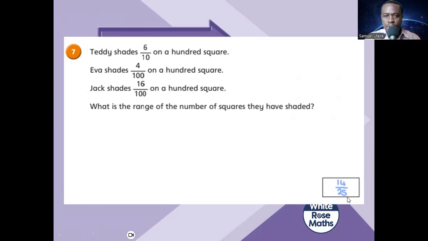So you may be wondering why it is 14 over 25. Let's discuss this.